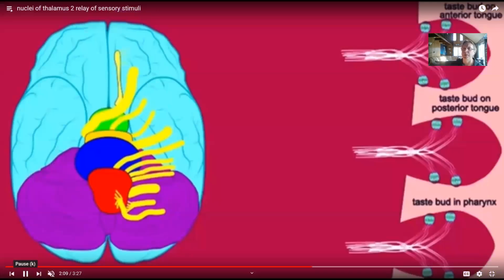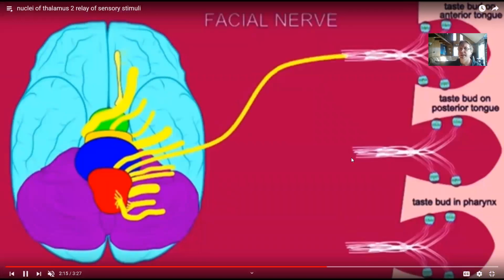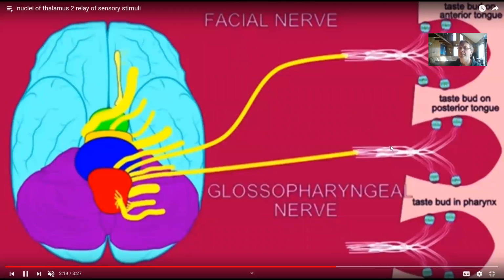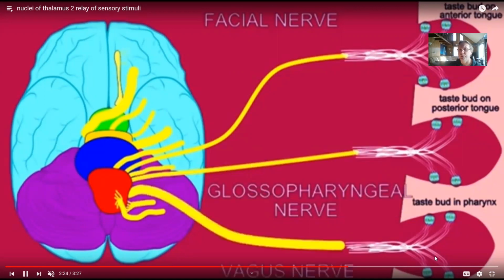But when we consider our sense of taste, there are a couple of cranial nerves which participate. So most of our sense of taste is coming from the facial nerve, but the back of the tongue and bitter taste is sensed by the glossopharyngeal nerve. And then the vagus nerve also can contribute as well.